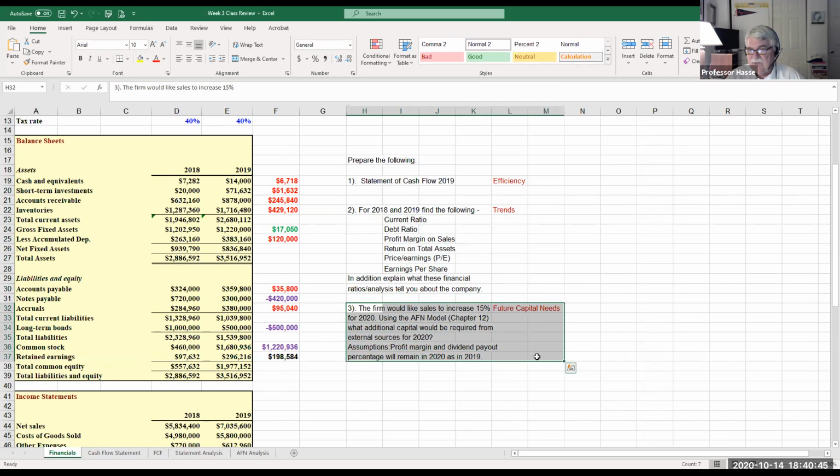It tells us what we can expect of capital needs going forward based on our prior ways of doing things or trends in this company. A lot of times when I look at a possible investment in a company, I look at their 3 financial statements. I concentrate on their cash flow statement to give me the efficiency, the profitability, the debt position, all that sort of thing.